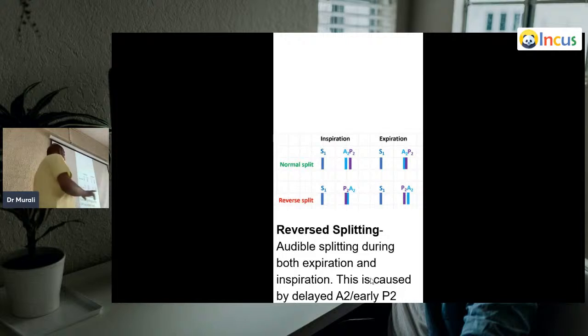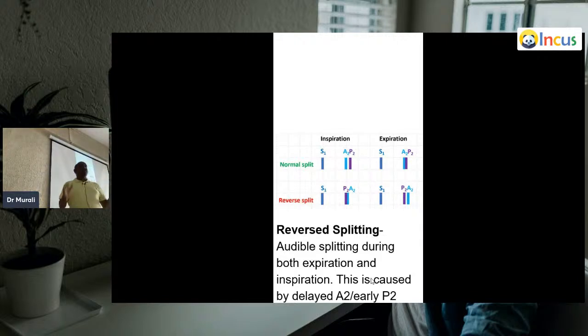What is meant by reversible splitting? So normally splitting is because of what? A2 first, P2 later. And widening is because of? Why does it widen? A2 became a little early or P2 became delayed will make it wider. Till then you understood.